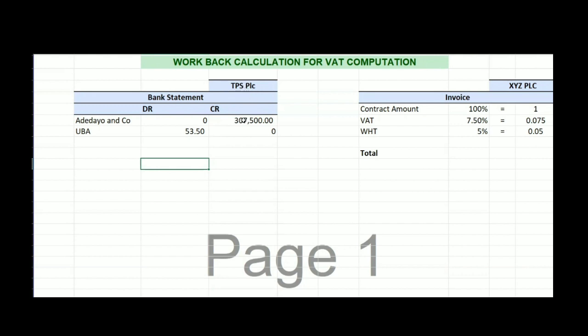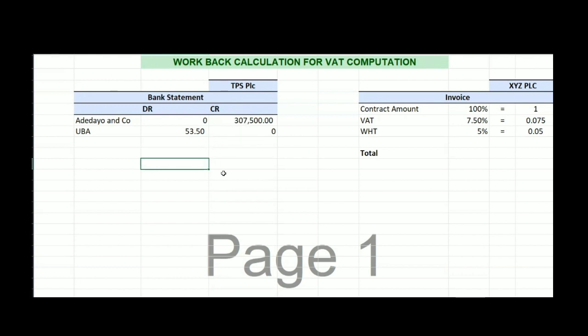So if you're assuming that they paid the full amount, your assumption might be wrong, because in the tax sense of it, it's possible that this Adedayo & Co. would have withheld some amount. So this will not be the contract amount of the invoice they're meant to settle.